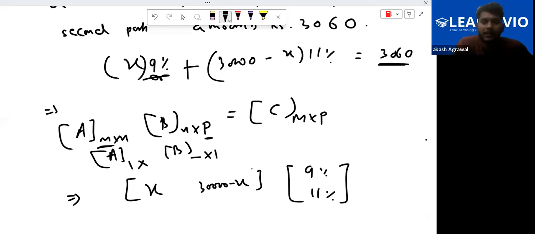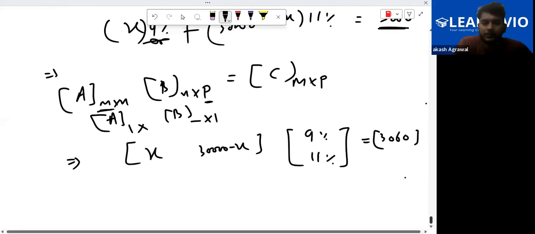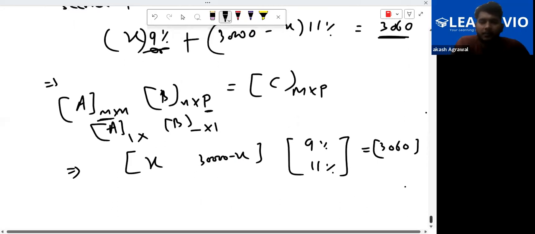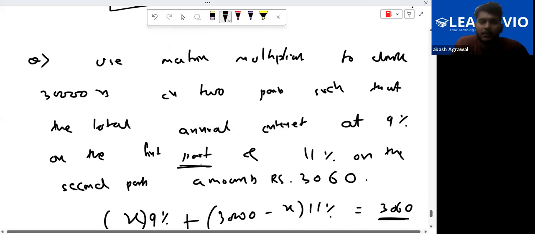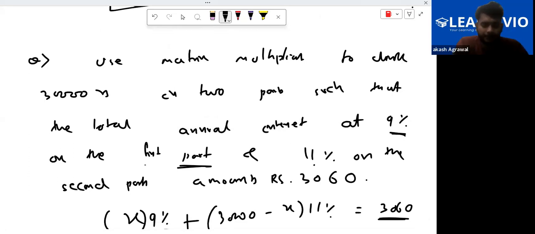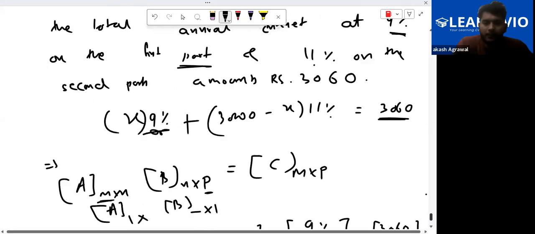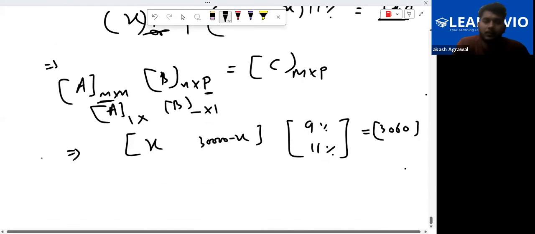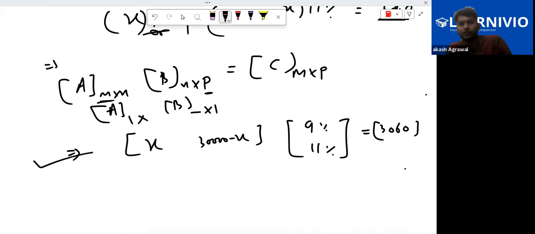So now if you multiply, this should be equal to 3060 in matrix form. The interest on the first part is 9%, and 11% on the second part. We divided this into two parts, right? So now all you have to do is create this equation in the exam, and after this, everything is same as childhood.